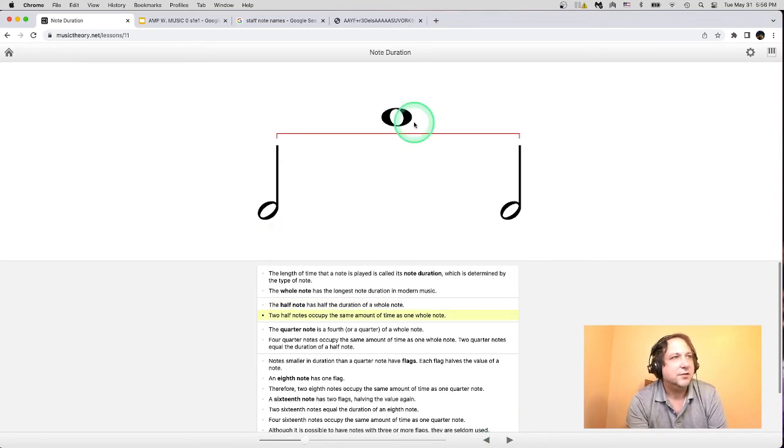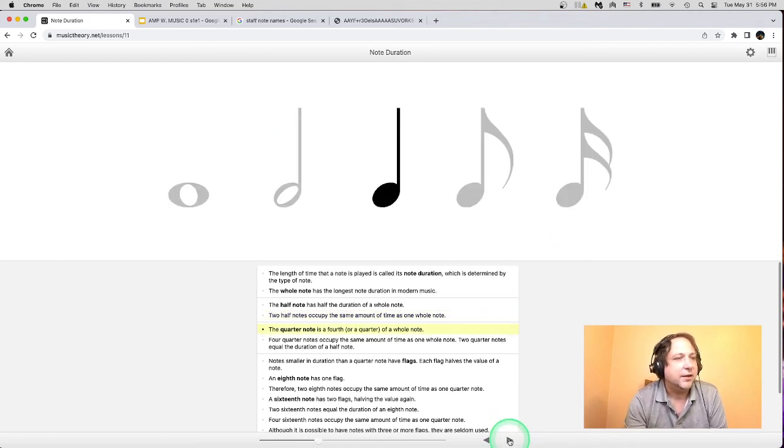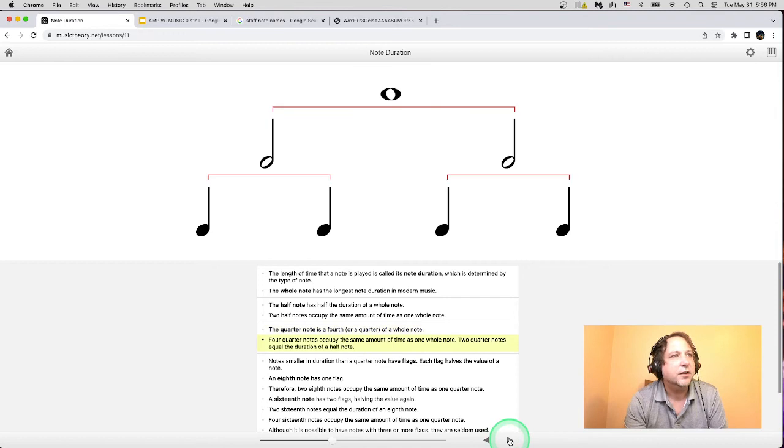See? So this is whole. If this is whole, whole, whole, whole, then it would be half, half, half, half, half, half, half, half, whole, whole, half, half, half, half, right? Pretty basic. Now guess what happens here? A quarter is half of the half. So now let's make that whole a little slower. Whole, whole, whole, whole.